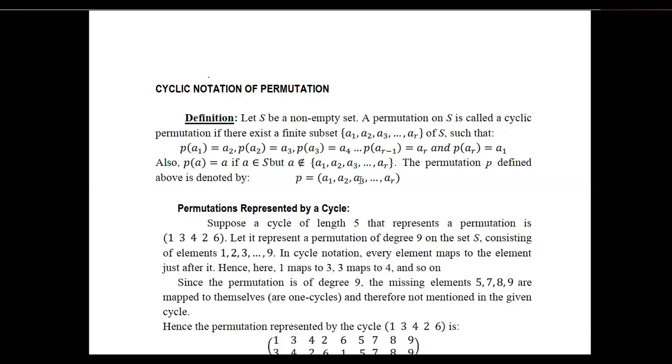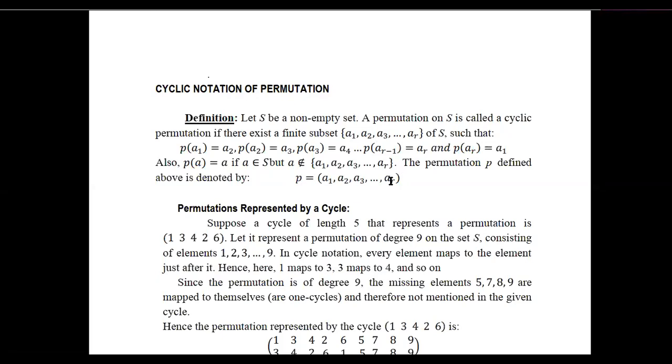The permutation P defined above is denoted by this. This P is a permutation, or you can say simply a cycle, whose elements are a1, a2, a3 up to ar. This notation represents a1 maps to a2, a2 maps to a3, then a(r-1) maps to ar, and again ar maps to a1.